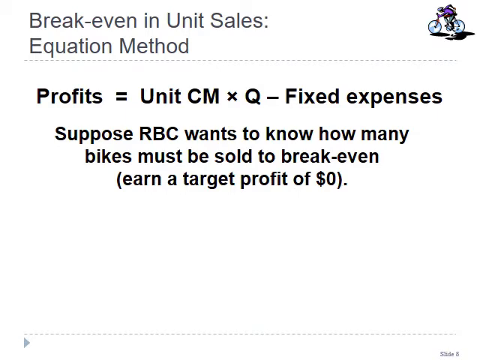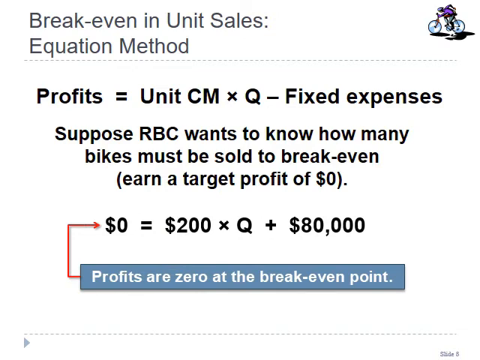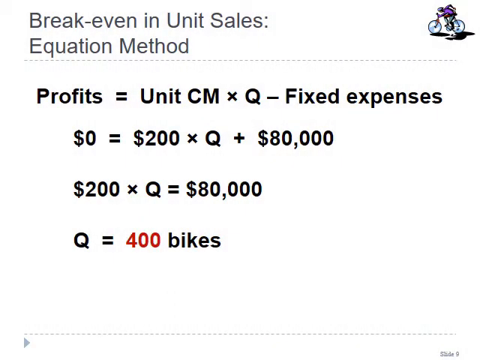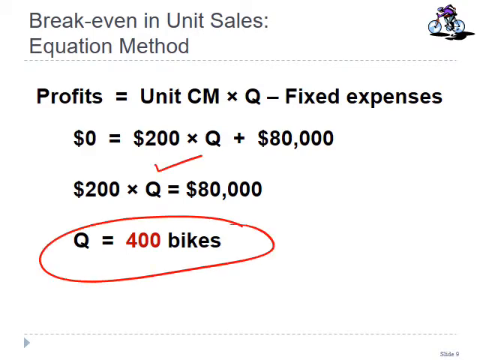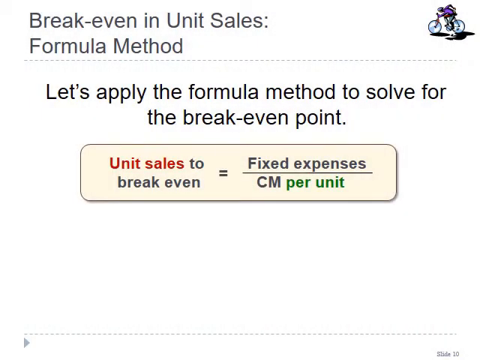So here we know that the profit would be 0, so we can just rearrange the equation method like this, and you just need to solve for Q, how many units you must sell in order to get 0 profit. Here you solve for Q and you find 400 units, right? We can also apply the same formula by using 0 for the profit.